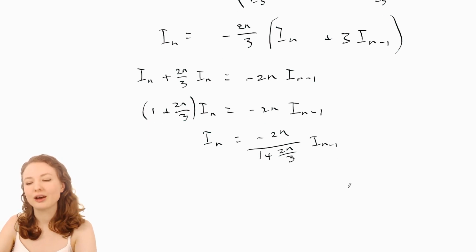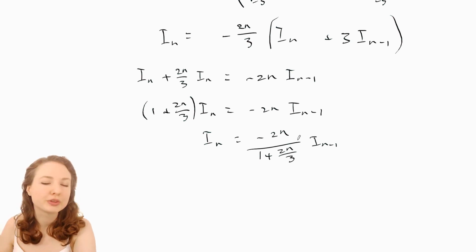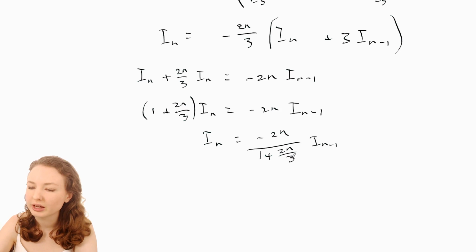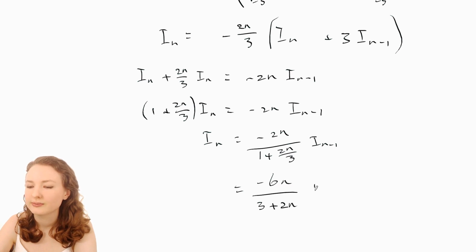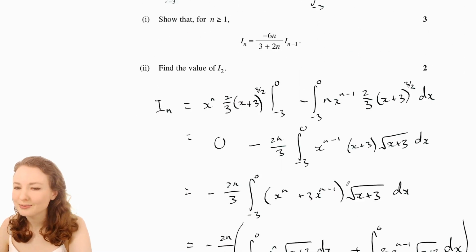And then we don't want to have a fraction within a fraction, so you just want to multiply top and bottom of this by 3 to get rid of that. So we'll get negative 6n on 3 plus 2n I_(n-1). So that's it for part 1.